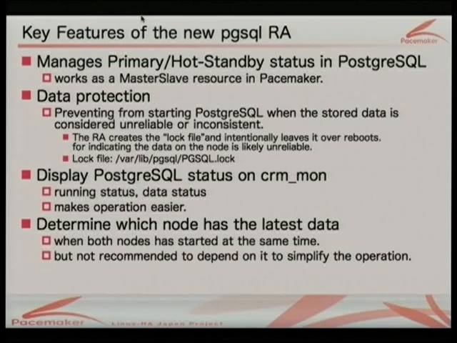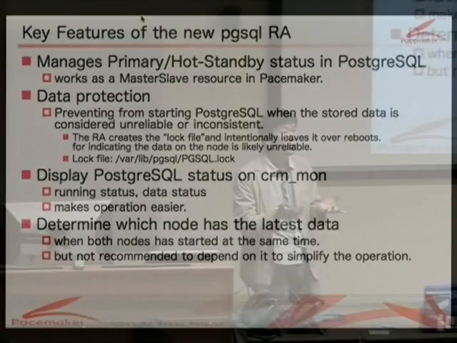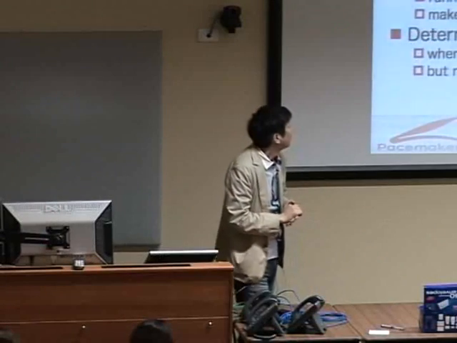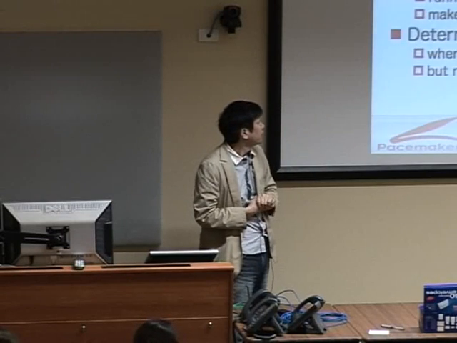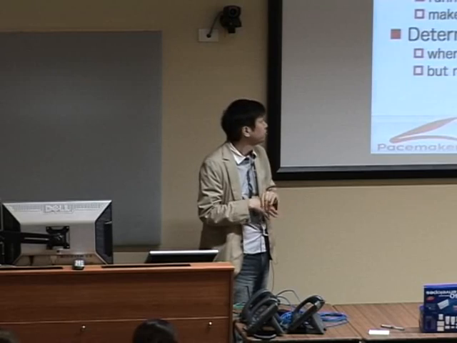And also, crm_mon is a monitor command for Pacemaker, and this agent displays the PostgreSQL status, what it's running as and what the status is now. Without this, you would have to look into the PostgreSQL log file or run some SQL to find out the running status. So the agent displays it in the crm_mon command output to make your operation easier.